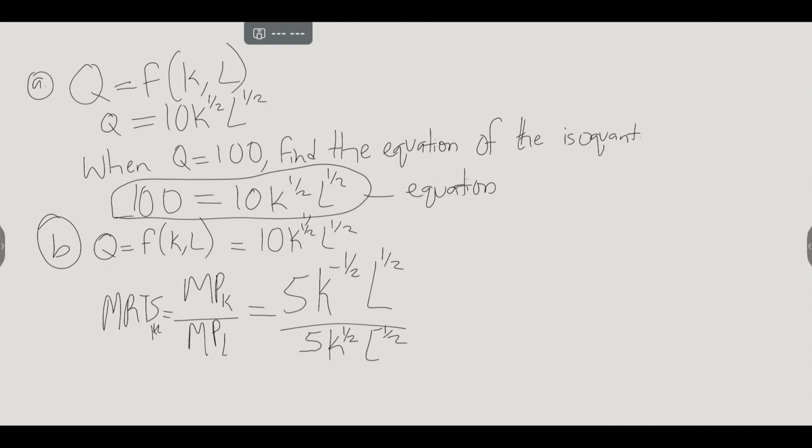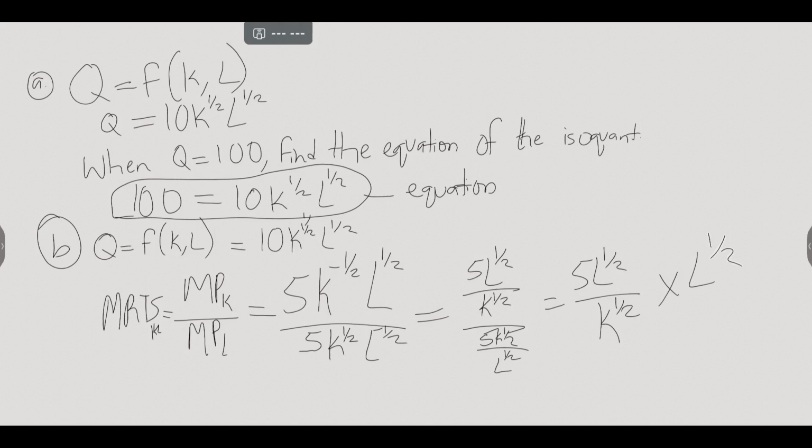Then when you simplify it, this will be 5l raised to power 1/2 over k raised to power 1/2, over 5k raised to power 1/2 over l raised to power 1/2, which can be rewritten as 5l over 5k, which is equal to l over k.